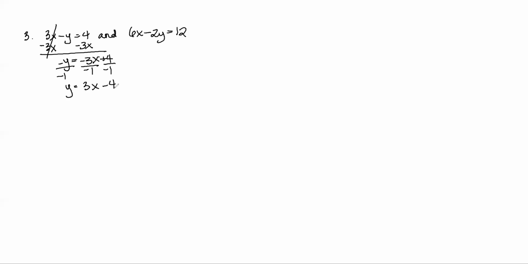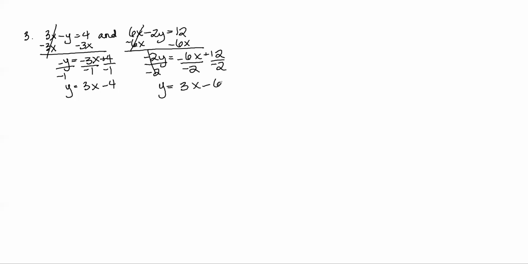And now on our second equation, let's subtract 6x. So we get -2y equals negative 6x plus 12. And divide everything by negative 2. So we get y equals positive 3x and then minus 6.